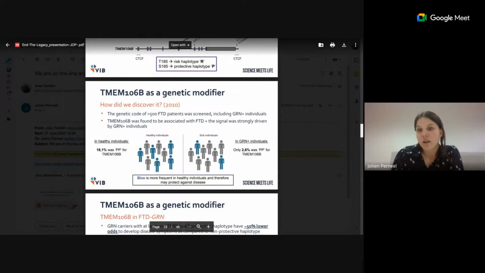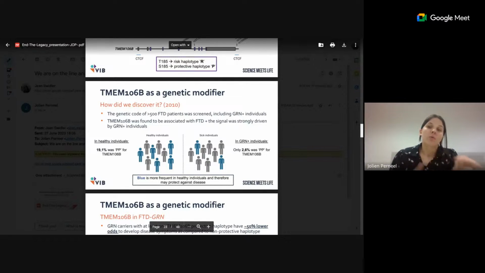In this genetic study, TMEM106B was found to be associated with FTD with a very strong effect or signal in the progranulin individuals. What we saw in this study was that the TMEM106B protective haplotype was more common in healthy individuals, but almost never occurred in the sick individuals with progranulin mutations.